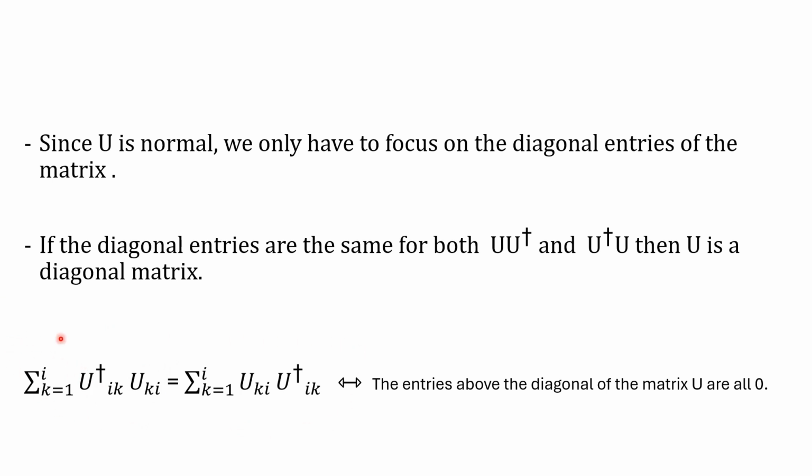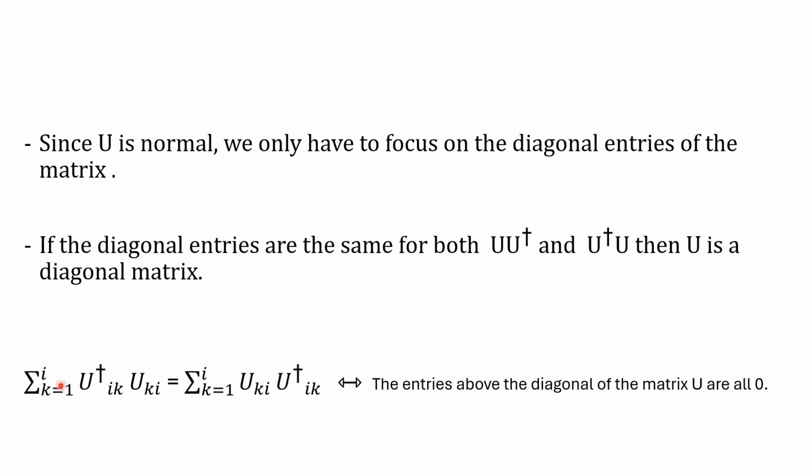Note that this came from the original equation where we're saying that if we take the Hermitian transpose of U and multiply with U, each entry, basically taking the dot product, is the same thing as the diagonal in each entry of the product of matrix U with the Hermitian transpose of itself.